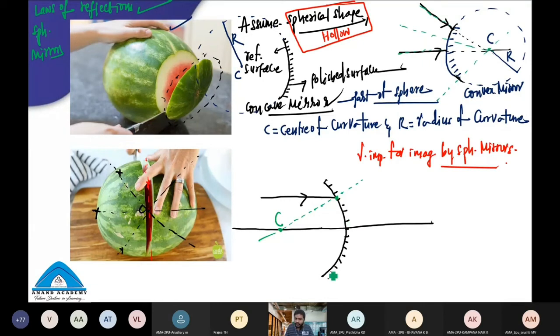On this mirror, any line you draw will pass through the center of curvature, towards the center. Understand? So this line, this line, or this line, all are passing through the center of curvature.